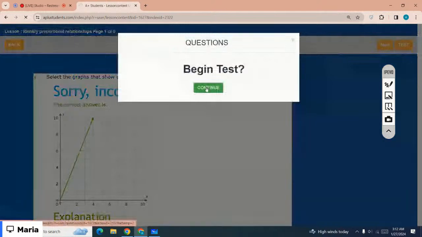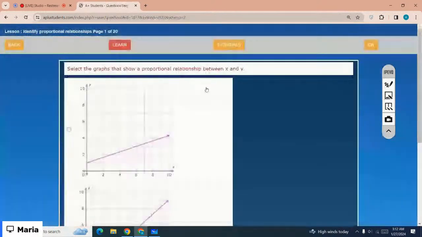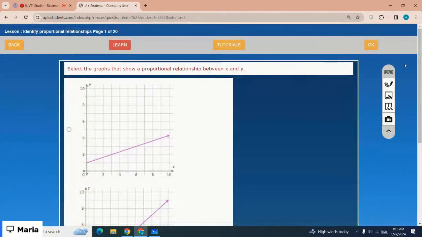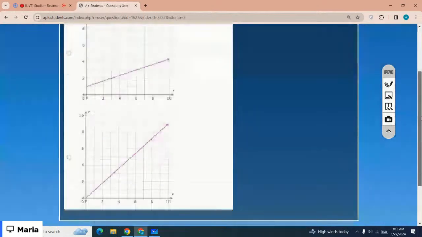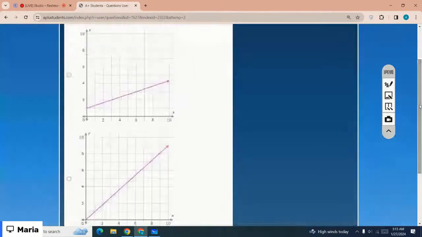Let's just start with the test questions. Select the graph that shows a proportional relationship between x and y. So which is the correct option you are given? Of the graphs, you have to see which is the correct option. We have just learned the properties of the graph of a proportional relationship.